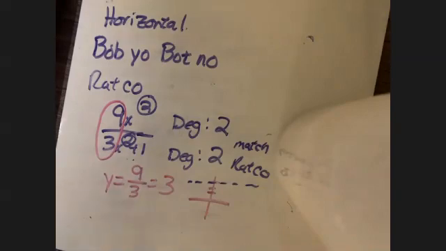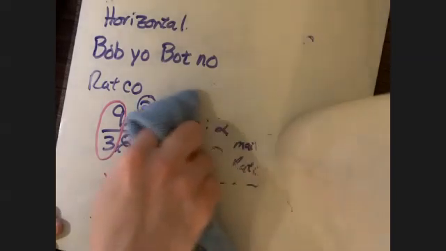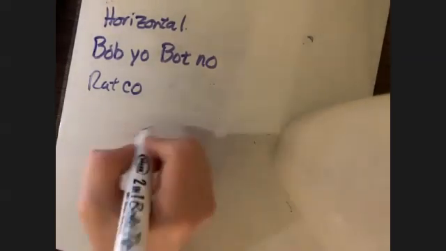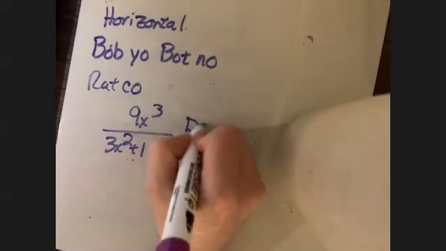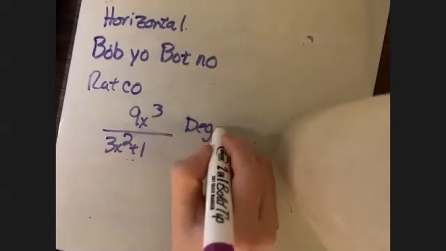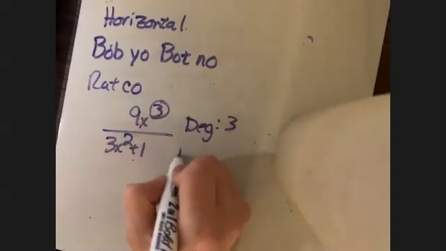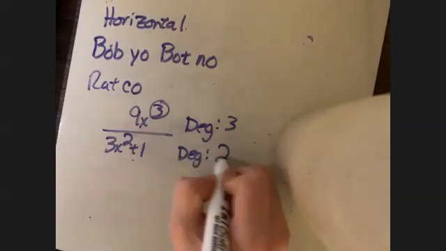Now, another example. I've got 9x cubed over 3x squared plus 1. So our degree on the top is 3. The degree on the bottom is 2.